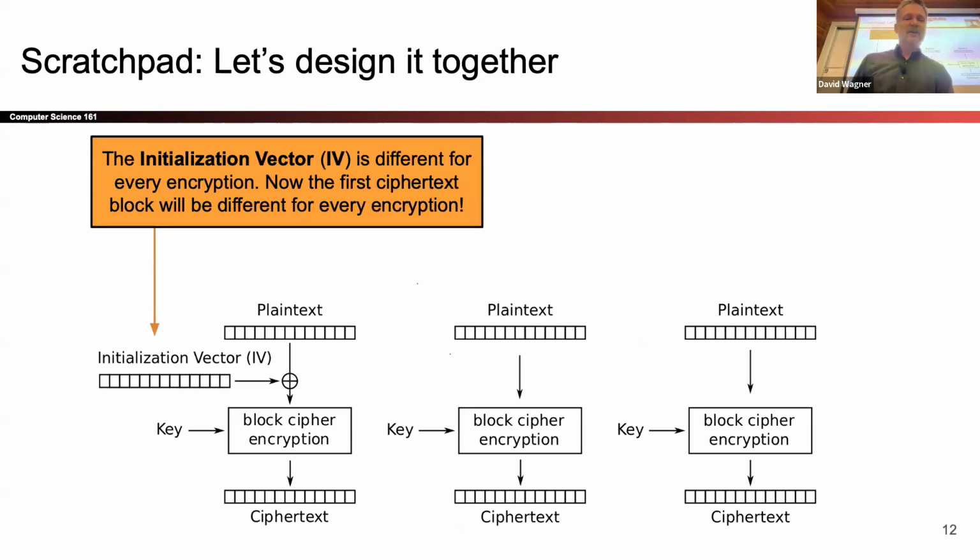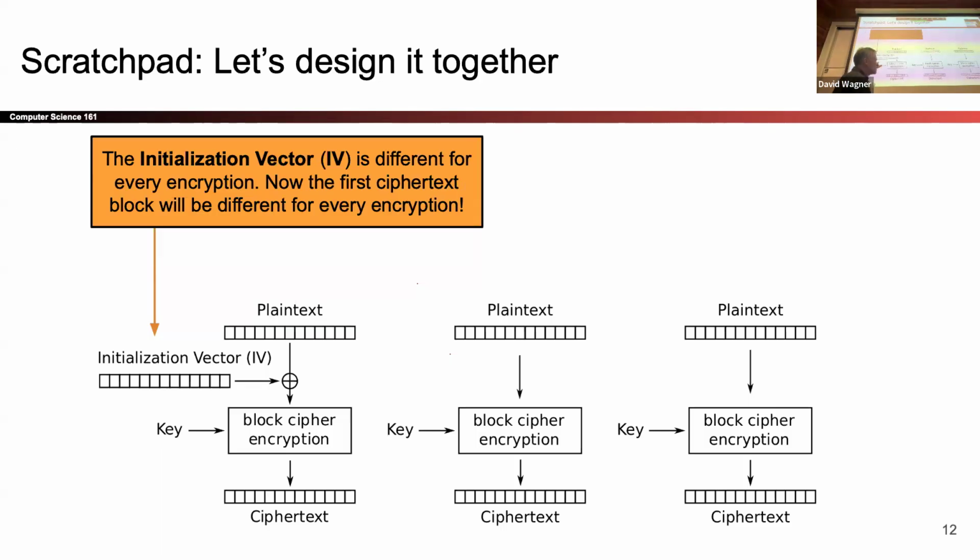A fancier method is to use some randomness. The name in the literature, for whatever reason, is initialization vector. This is just a name that's given to a random value. Each time you want to encrypt a message, you choose a new random number.